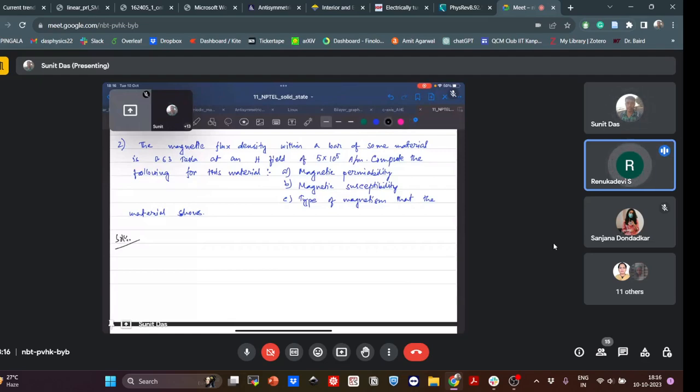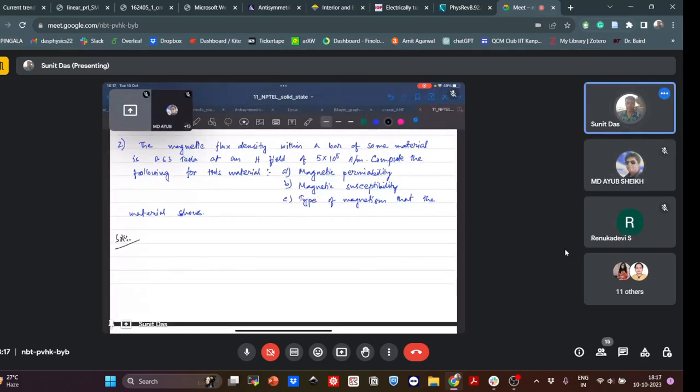Chi value, magnetic susceptibility, find it. Magnetic susceptibility should be pretty low actually, 0.0031, something like this.